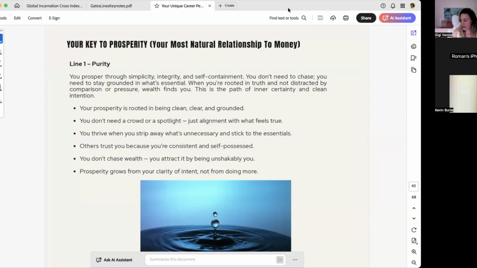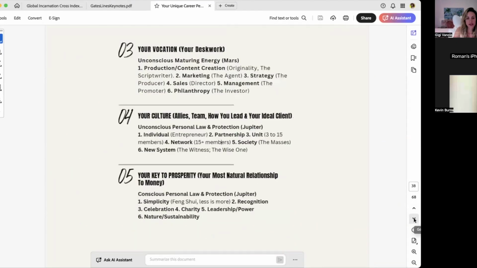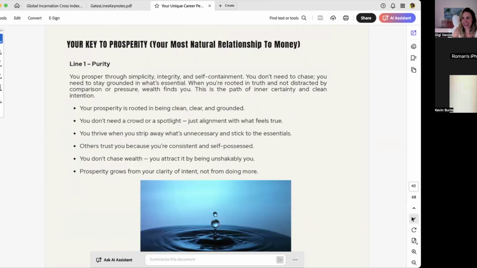So 5 is, I believe, power and leadership. And how about you, Kevin? I got 63.2 on the L on the right side. Okay, so it's 63.2. So 2 is recognition. That makes sense?